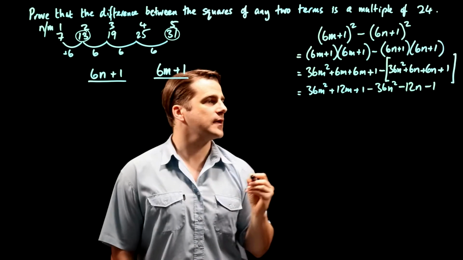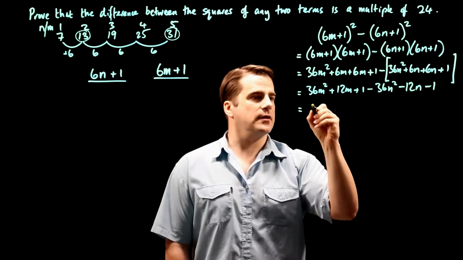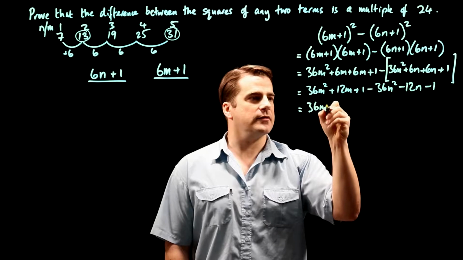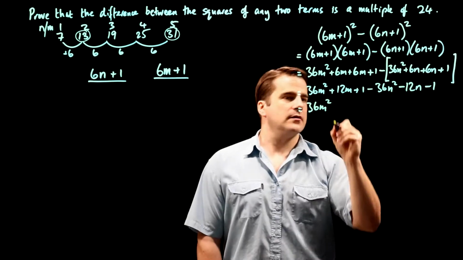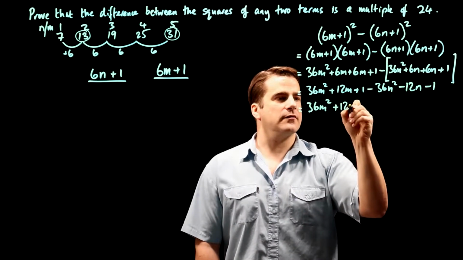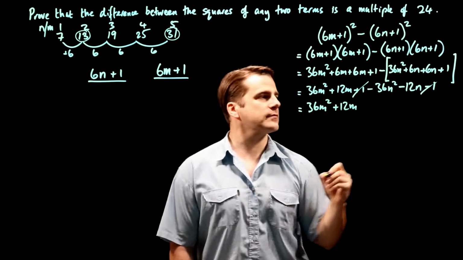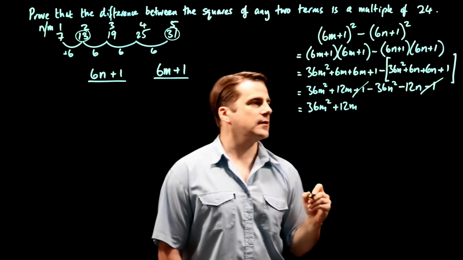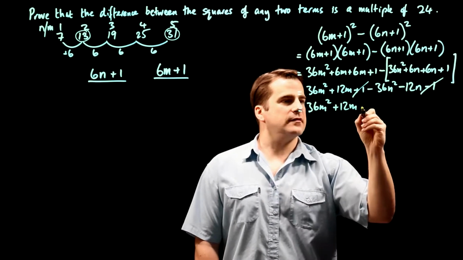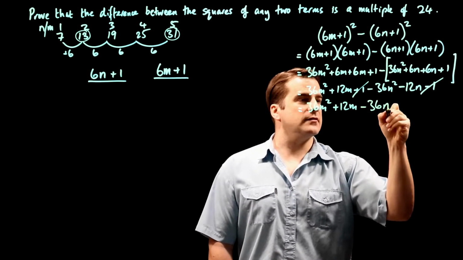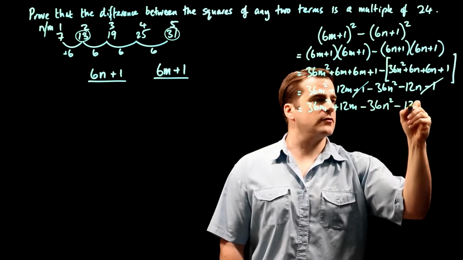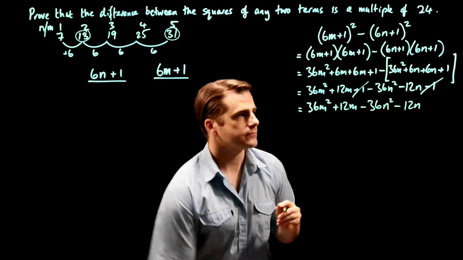Okay? Equals 36m squared plus 12m. Plus 1 minus 1, cancel. Okay? Minus 36n squared minus 12n. Okay.